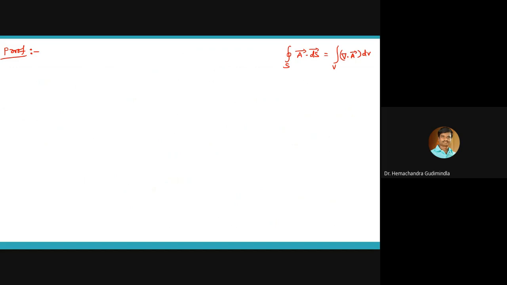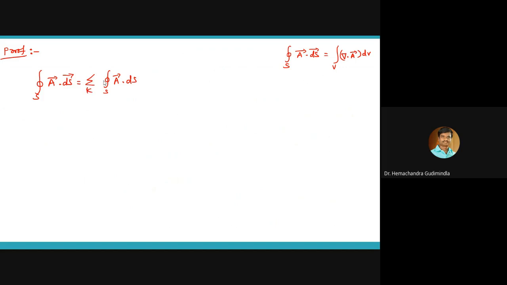If you say, sir, I don't want any theory, I want only the equations pertaining to that, I will write just simply. Assume the integral over the closed surface of A bar dot dS bar. I'm just splitting it into small portions.